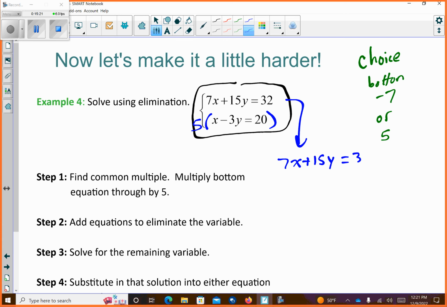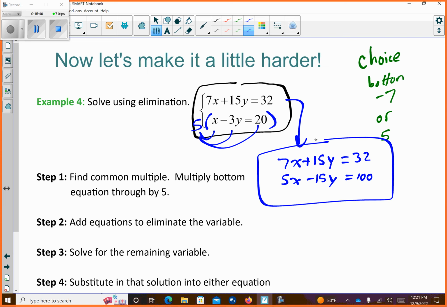It's a nice factoring out too. Ooh, that's the other F word in math. Factoring. All right, so 5 times x is 5x. 5 times negative 3y is negative 15y. 5 times 20 is 100. Hey, friends, does this one seem nice to add together? Yes. Guess what goes bye-bye?